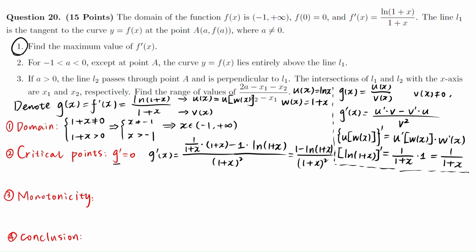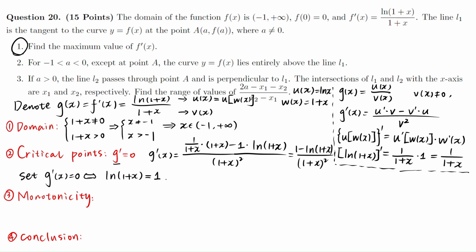Okay, now, here we can find that the denominator is always strictly positive, right? And it can never equal 0. So we can just focus on the numerator. How to find the critical points? Did you remember? Yes, we can set g prime of x equal to 0, right? Which is equivalent to the natural log of 1 plus x being equal to 1, right?